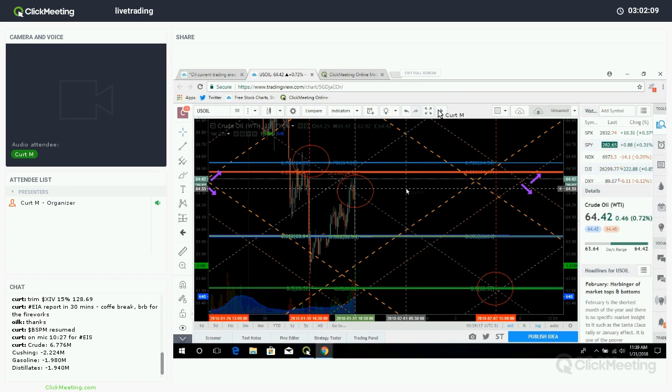Short volatility more. Definitely a good clean target hit there.